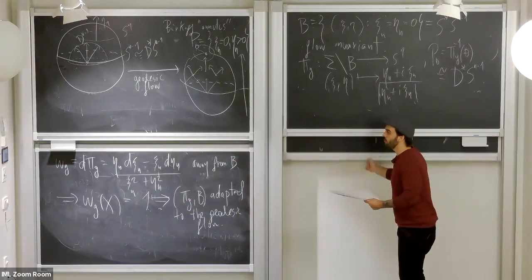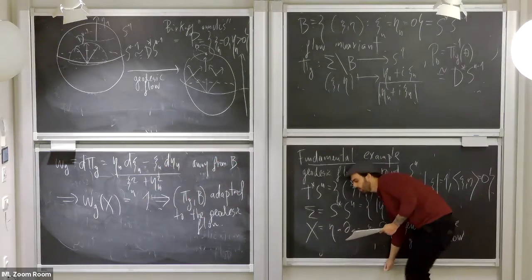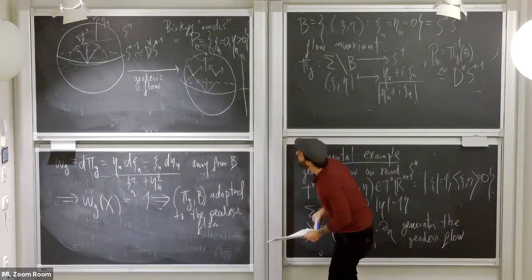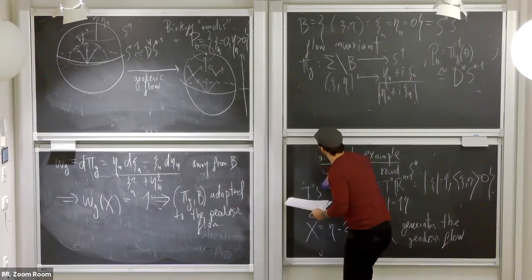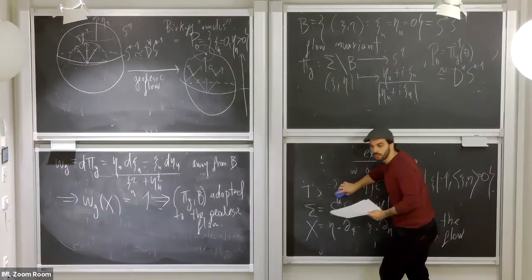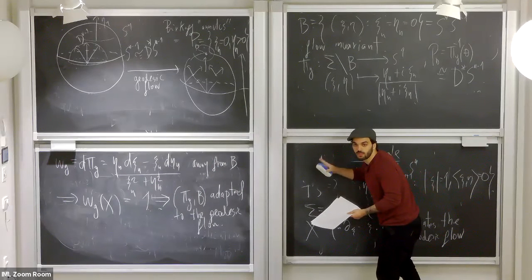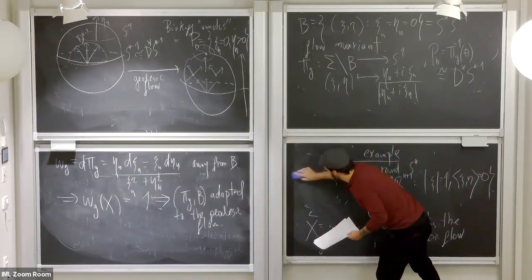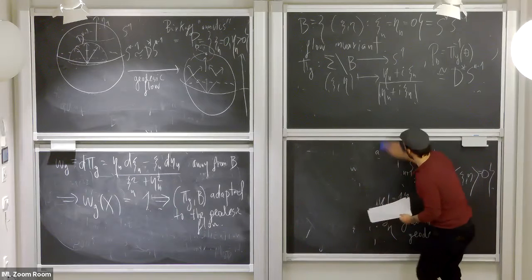And here you recover the open book that I said before for n equals 2. The unit cotangent bundle of S^2 is RP^3, and this is a higher dimensional version of the open book in RP^3.